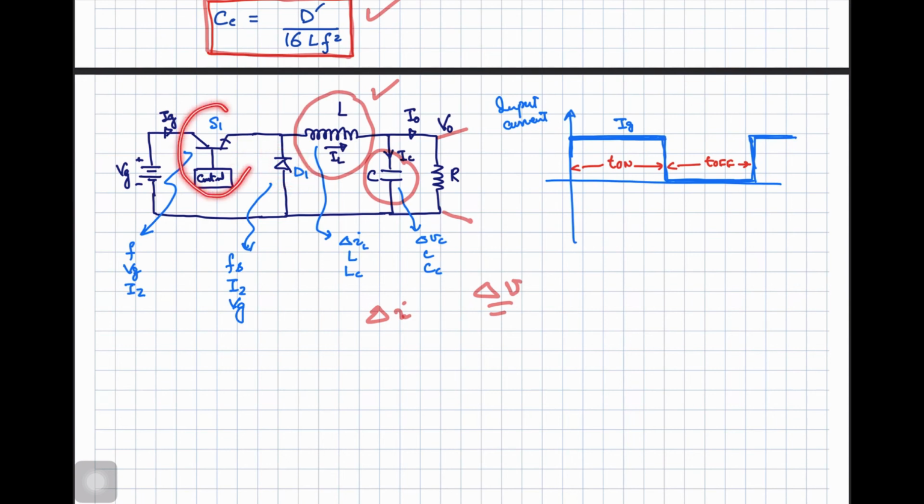Similarly, the selection of this switch S1 can be made by looking at the frequency at which you are going to operate, the voltage at which you are going to operate, the supply voltage, because that will directly appear at the terminal of your switch, and the current, in this case the current portion I1, will be passing through this switch.